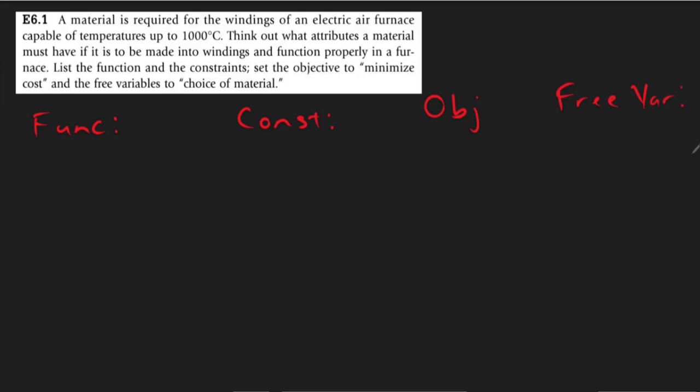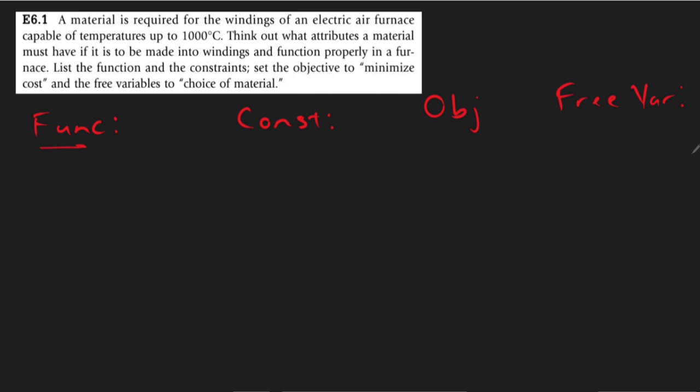For the function, what I want you to know is that the function is always in the first line of every question. It says a material is required for windings.